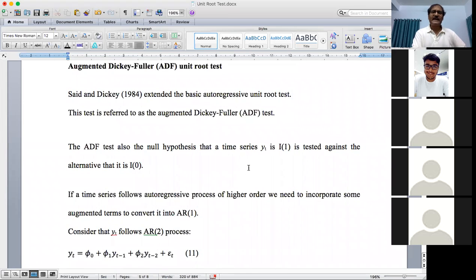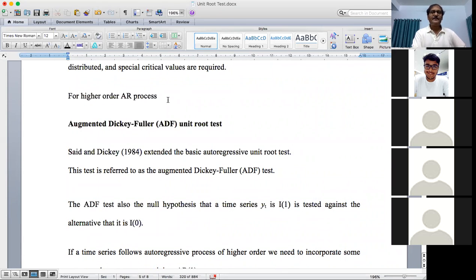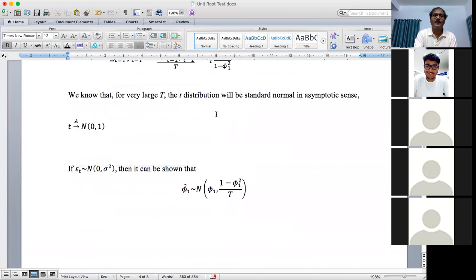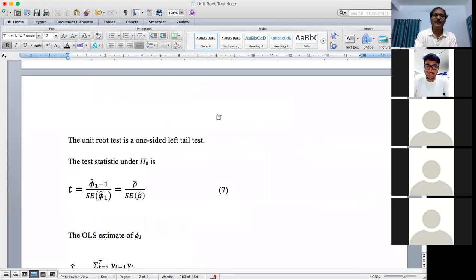Now let us come to another problem. We have already mentioned the Dickey-Fuller test is related to AR1 only. The Dickey-Fuller test captures the presence of a unit root if your series follows AR1. But in reality, there is no guarantee that the series you have always follows AR1. If your series follows a higher order of autoregression, we cannot use the Dickey-Fuller test in this format. So what is the way out?